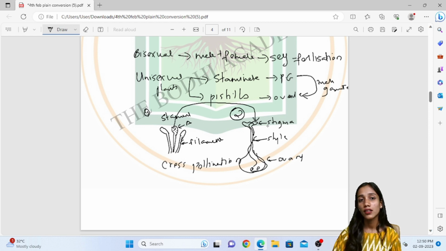Now, how does this happen? Who transfers them? First of all, if the flowers are close enough, it can be transferred directly.